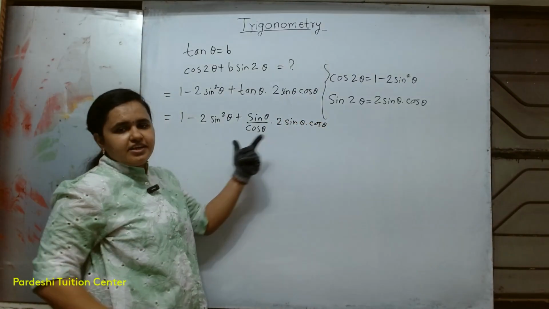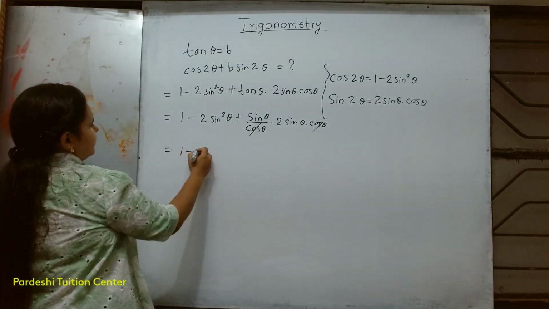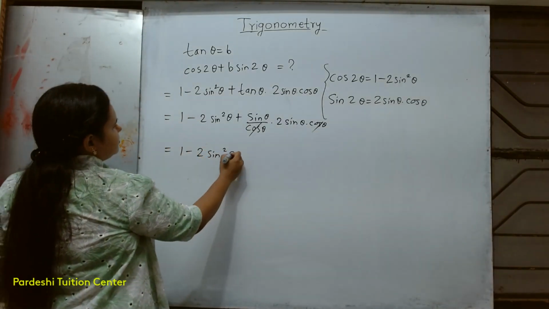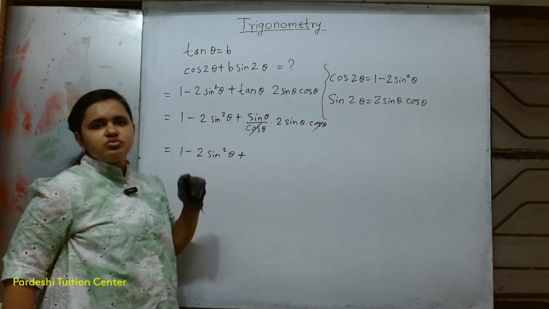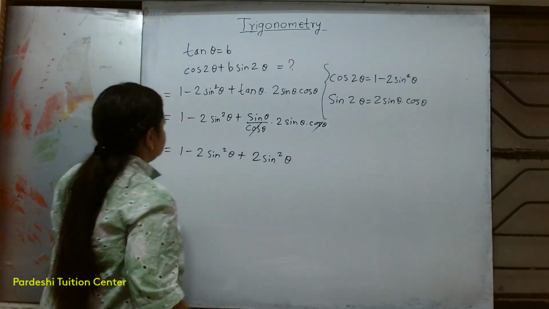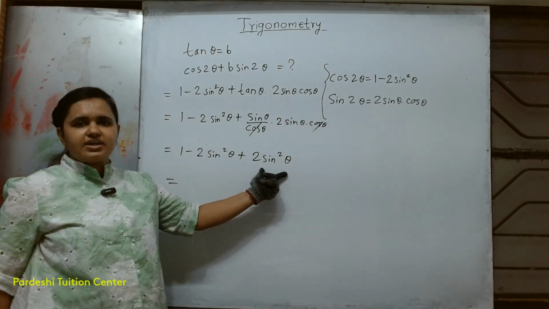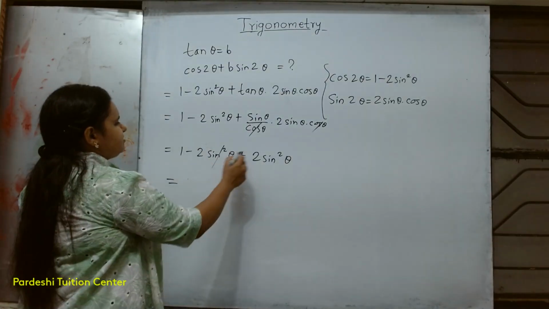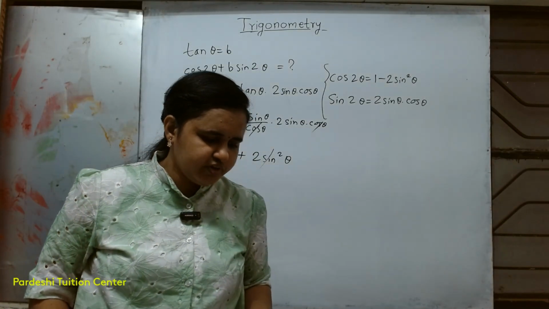So again cos theta will get cancelled. So 1 minus 2 sin square theta, and what is remaining? 2 sin theta into sin theta, it will be 2 sin square theta. Again it is 1 minus 2 sin square theta plus 2 sin square theta. So it will get cancelled. So answer is 1. So answer for 8th question is 1.